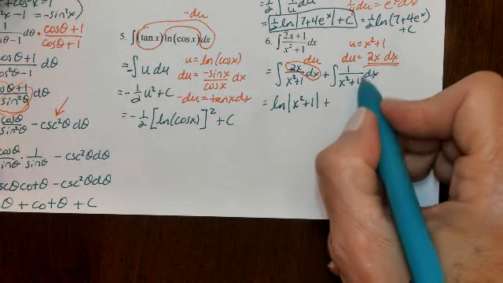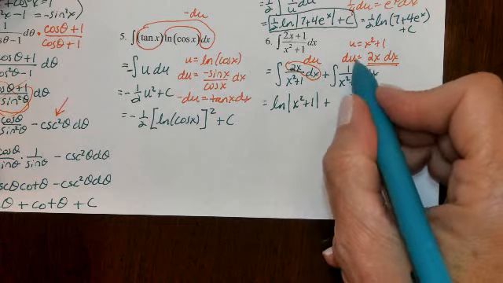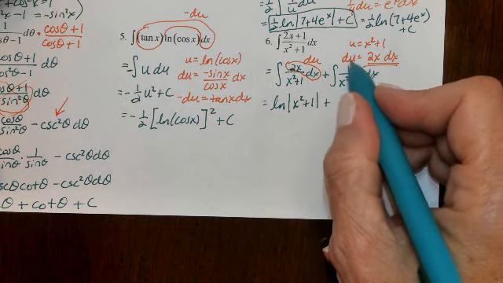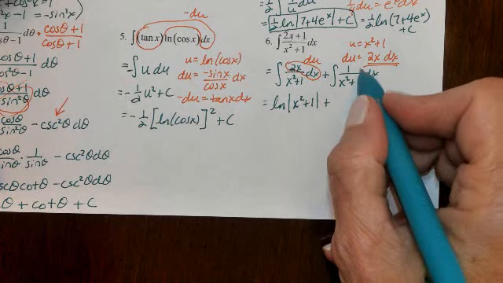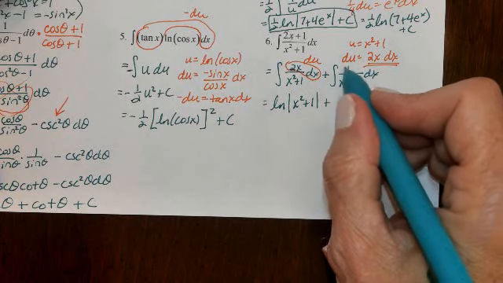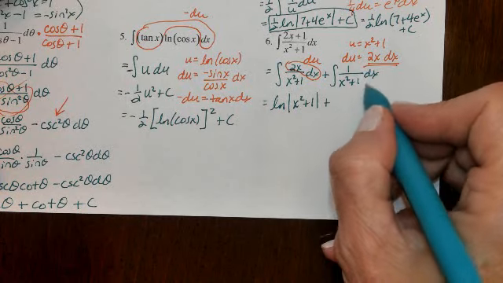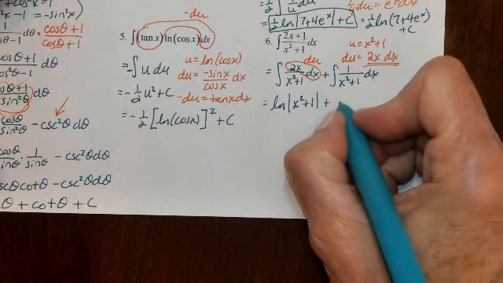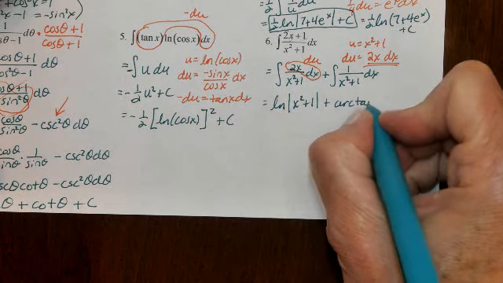And now take a look what we have here. What do we do with that? Well, this is where you have to know your antiderivatives well, because this is exactly arctan of x. This is the most basic arctan. It's just arctan of x.